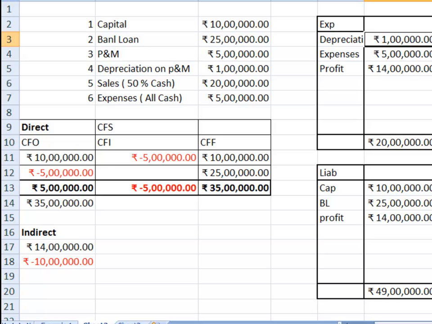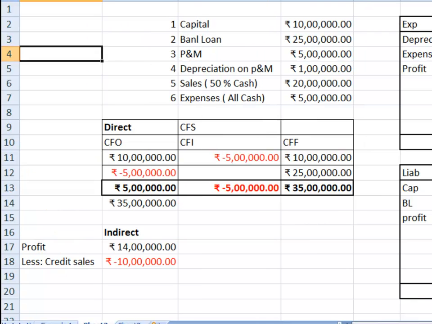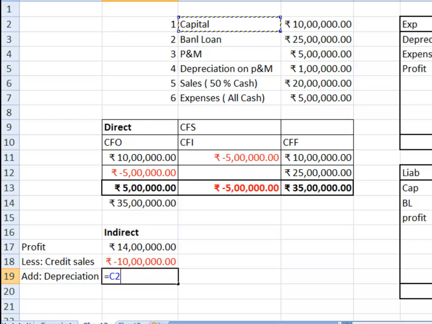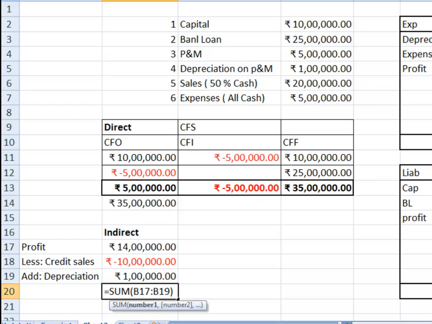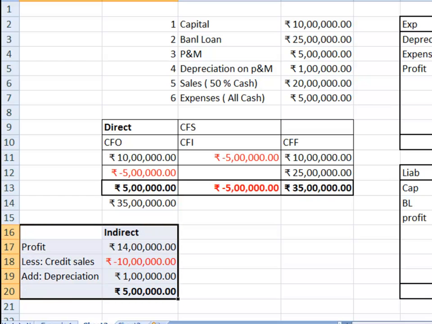So I have to undo the effect, so I have to add it back. So I will say add depreciation 1 lakh, and I take the total, and again my cash flow from operations is going to be the same.